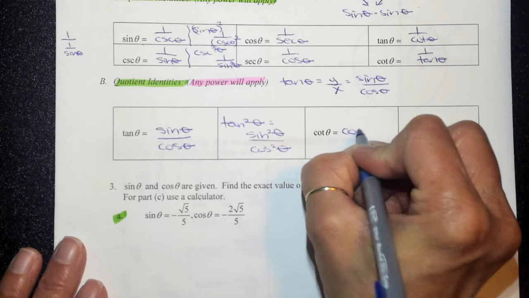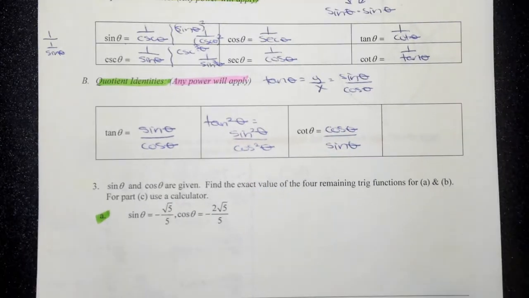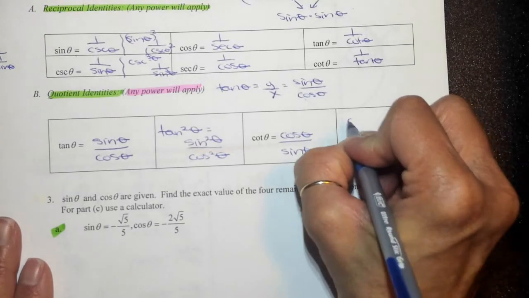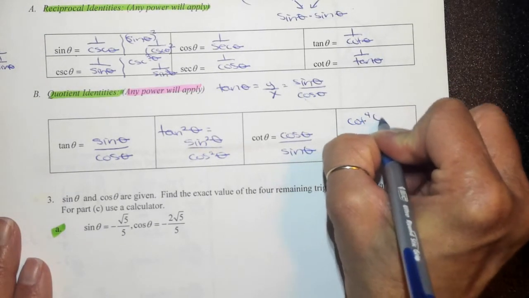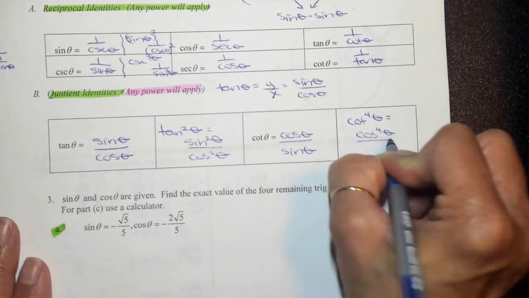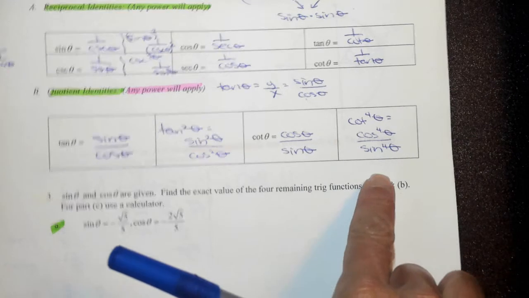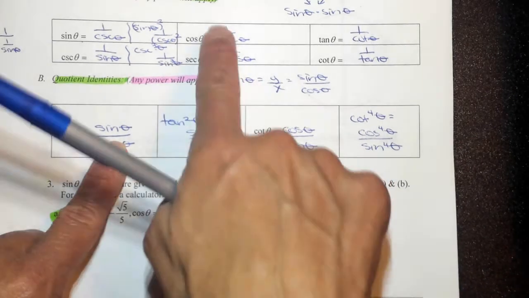So this is the cosine of theta over the sine of theta, and because any powers apply, I'm just going to show it again. Cotangent, let's say to the 4th of theta, is the same thing as the cosine to the 4th over the sine to the 4th. These are just examples. These are the identities right here.